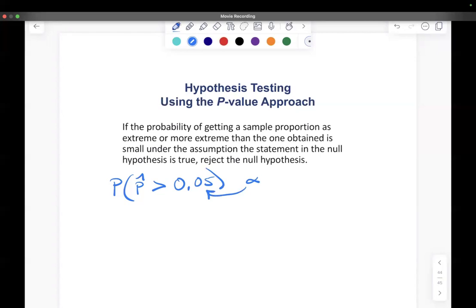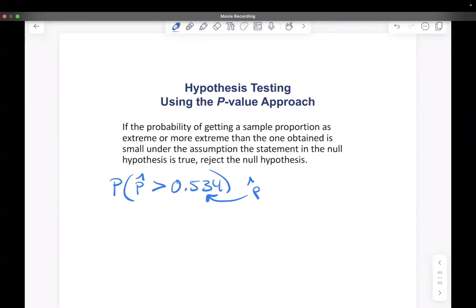The probability that I got a p hat that was 0.534. This was my p hat, sorry about that. This is the p hat that I got. So I want to know what's the probability of getting that or equal to that.